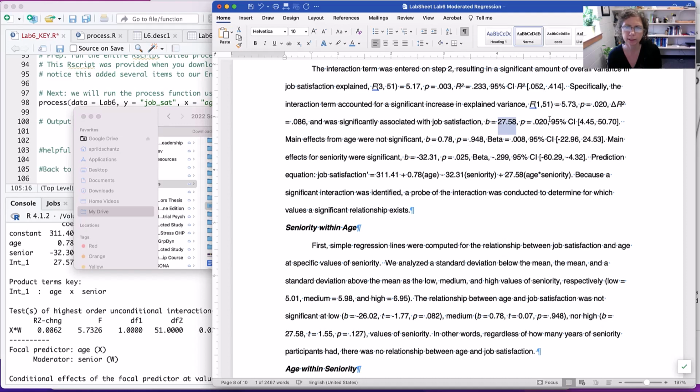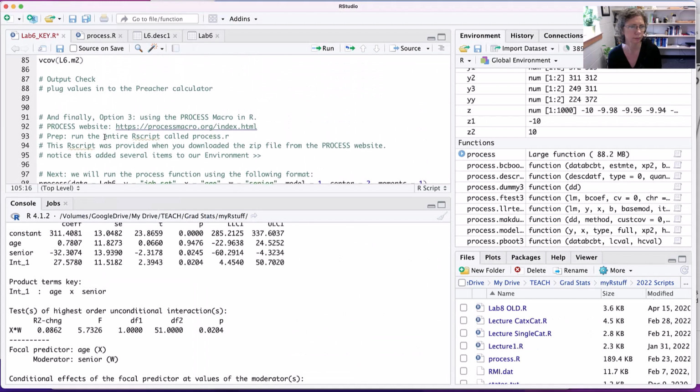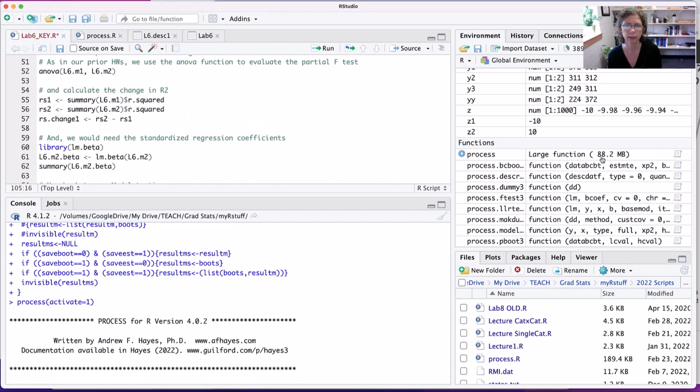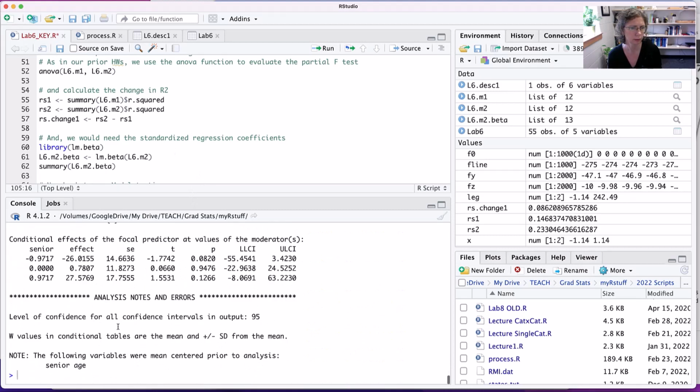So what I'm missing on this line is the beta. So I need to get that out of the thing, and this one's for the interaction term. I ran it before, it's that one. So all I really need is to come down here and say summary of L6 M2 beta.